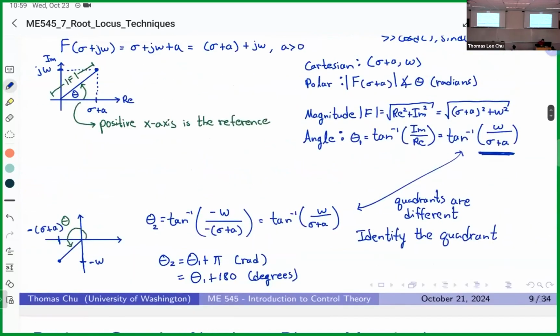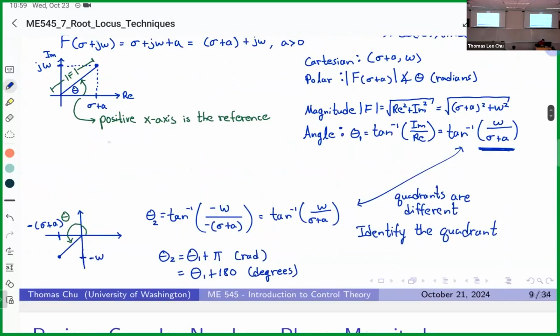Actually, maybe I need to note one thing: theta is positive when theta is greater than 0, that means we're measuring counterclockwise. So I'm digressing a little bit, but to answer your question, when theta is less than 0, we're going clockwise in terms of measuring it.